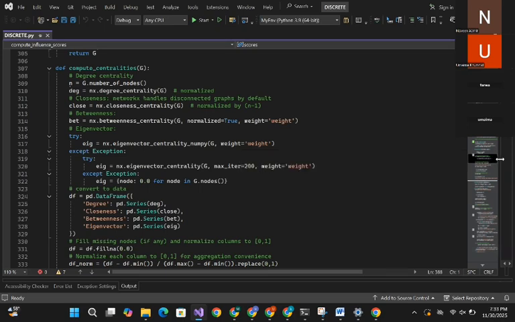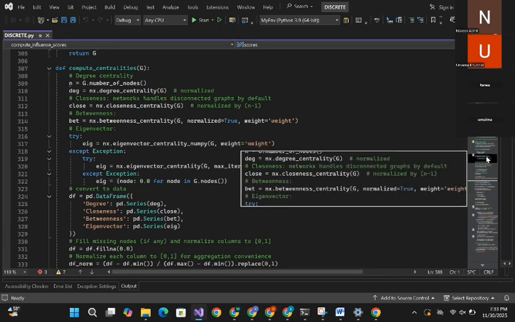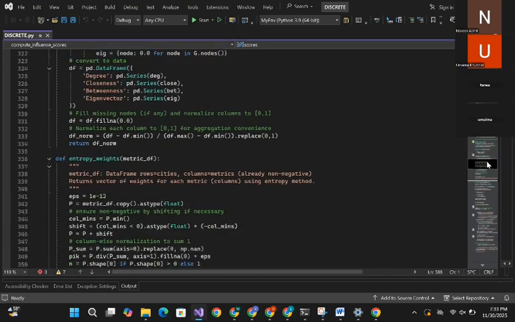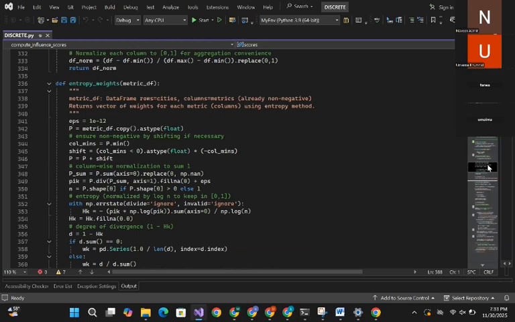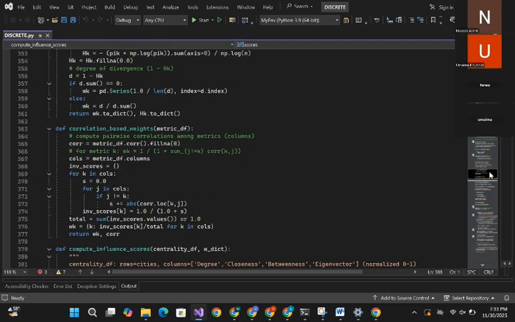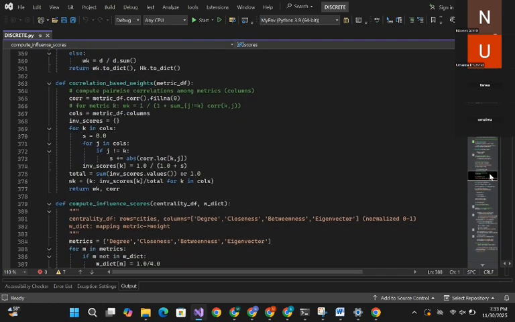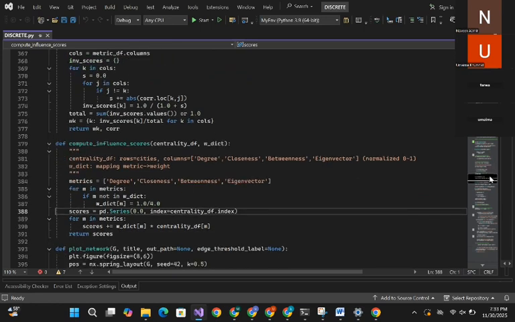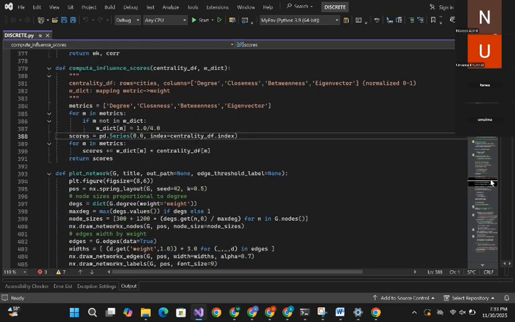After that, I applied entropy based weighting where metrics with higher variability receive higher importance. Finally, I computed the overall influence score by multiplying centrality values with weights and summing them. The results are saved and visualized using heat maps and graphs. So this part of the program converts a raw graph structure into meaningful rankings and final results.